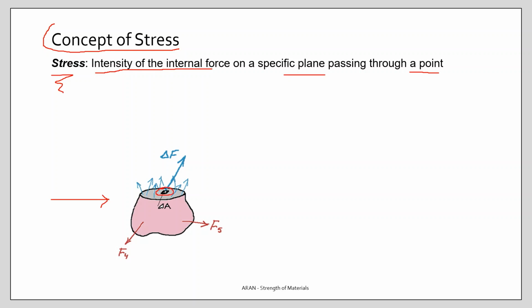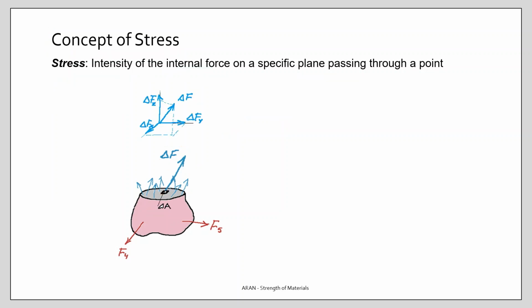Well, we can take a small area, delta A, and the corresponding forces acting on delta A can be taken as delta F, and we now consider only the delta F and the delta A, and with their help we try to find the stresses in this point.